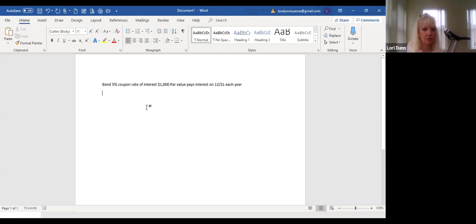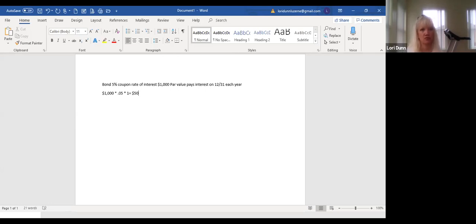So the bond's coupon rate of interest, that's how much they use to calculate the actual interest payment that is made to the bondholder on December 31st, it's 5%. So every December 31st, whoever owns the bond will get 5% interest. $1,000 times 5%, times 1 year's worth of interest.